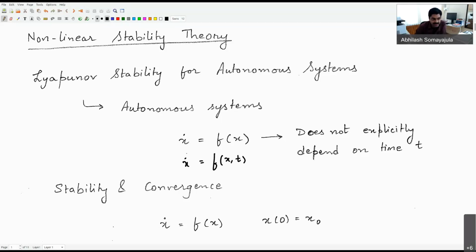And a quick example of an autonomous system is a spring mass damper system, which we saw previously. Can you give me a quick example of a non-autonomous system?